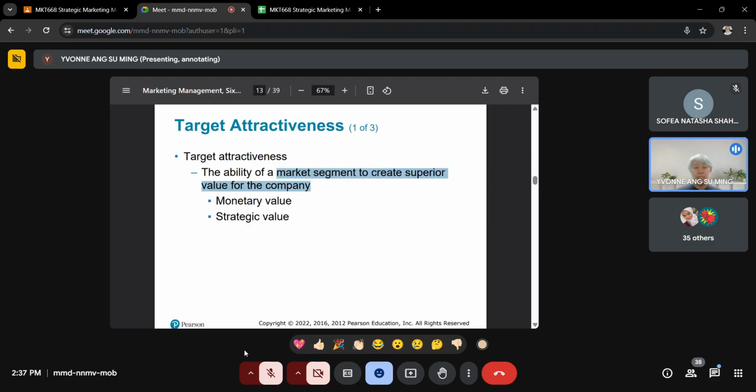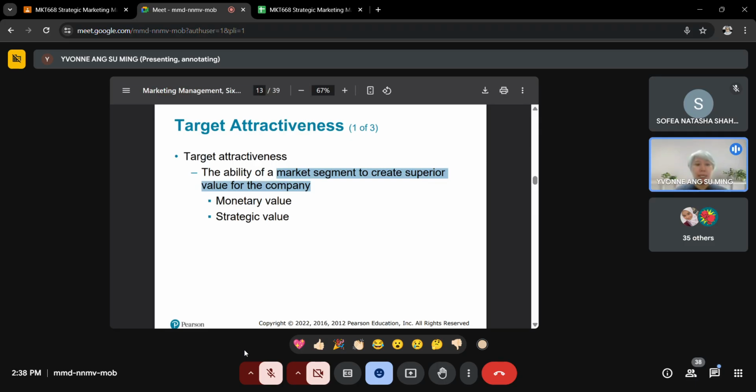Earlier we were busy looking at whether we can create value for the customer. Then, as you know, in the marketing process, once you create value for the customer and they willingly pay for the product, there is an exchange, they give money. We take the money, and the sales that we make contribute to creating superior value for the company.